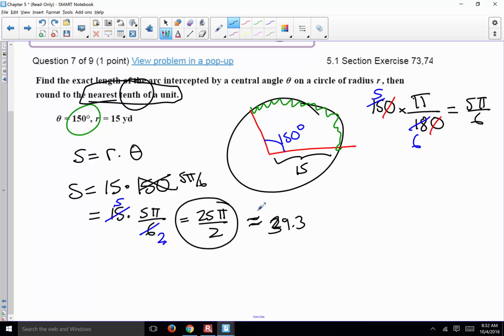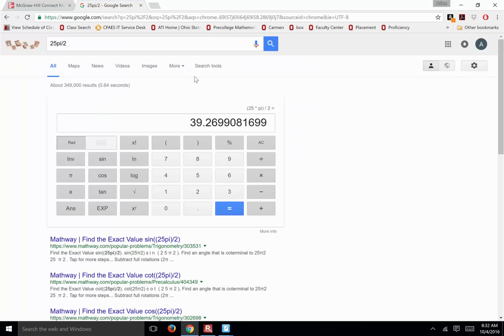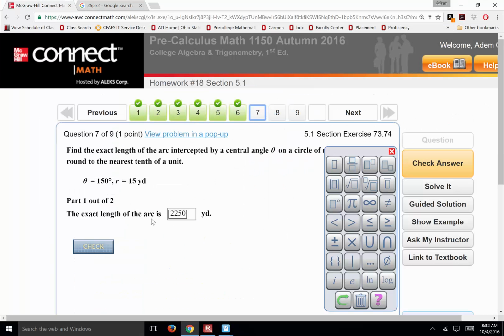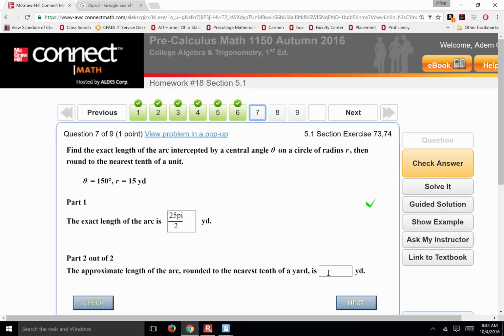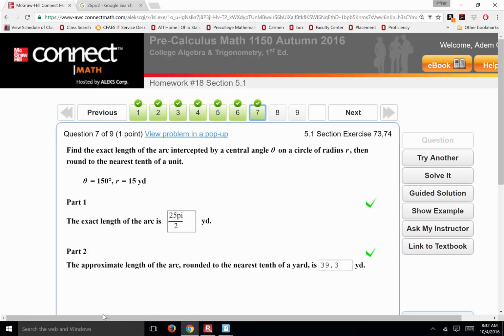Are you good, Ashley? So it makes sense. 33 yards is a lot better. Oh yeah, part 1 says exact length, so it's 25 pi over 2. Thanks. Now we need the approximation in part 2, which is 39.3. Good. I want the exact one as well.